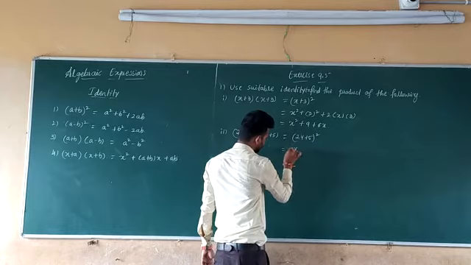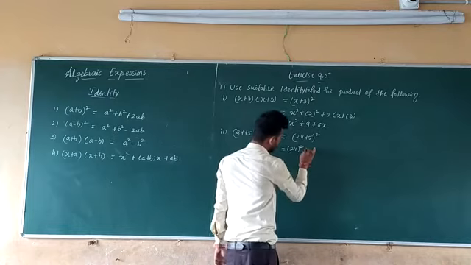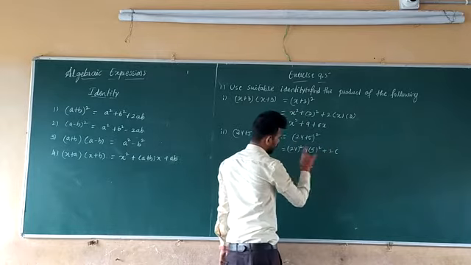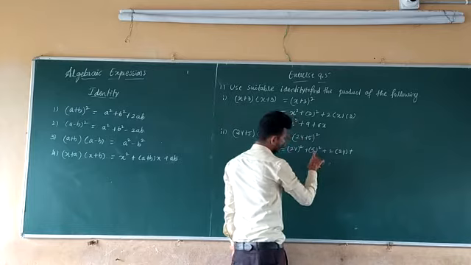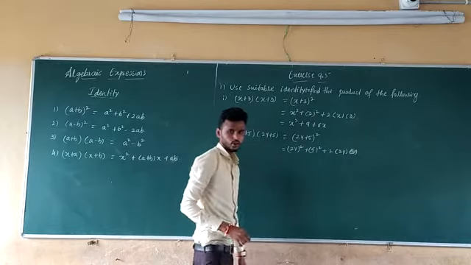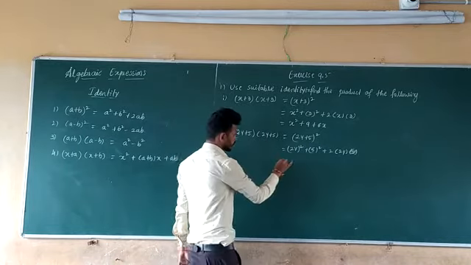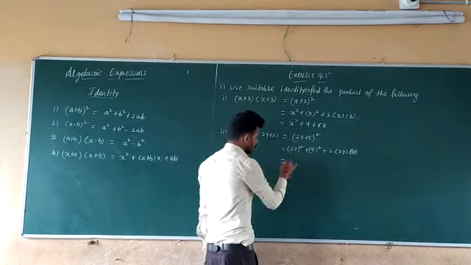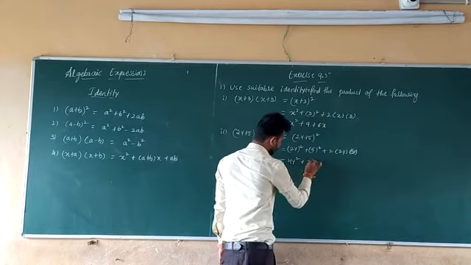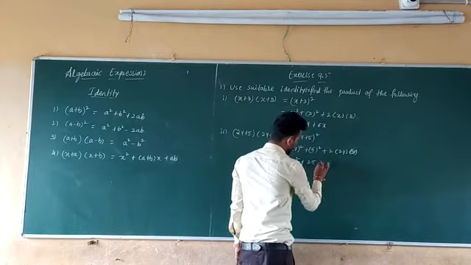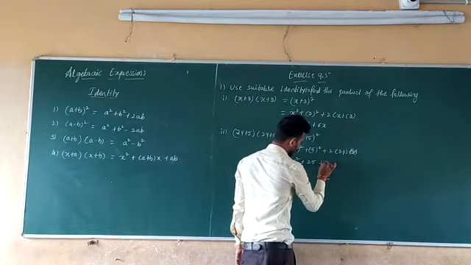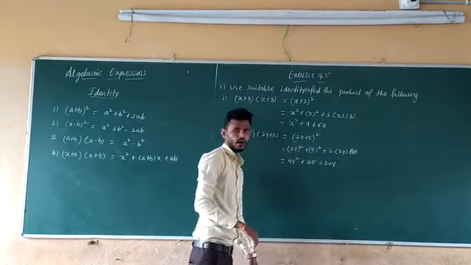A square means (2y) square, plus b square means 5 square, plus 2ab, 2 into a means 2y, into b means 5. Square both 2 and y: 2 square 4, so 4y square plus 5 square 25 plus 2 2s are 4, 4 5s are 20, so 20 into y.